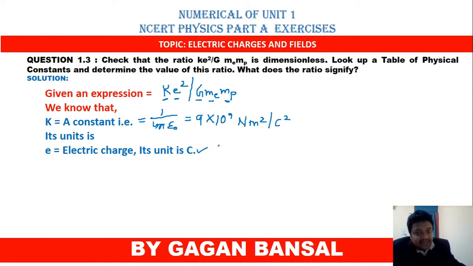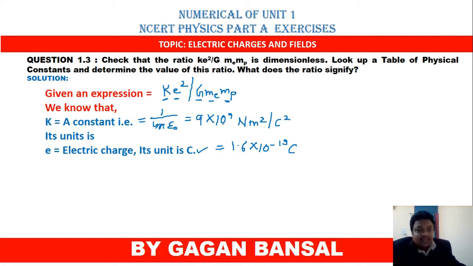We can also write directly the value of small e, that is the electric charge on an electron: 1.6 into 10 raised to the power minus 19 coulomb per electron.